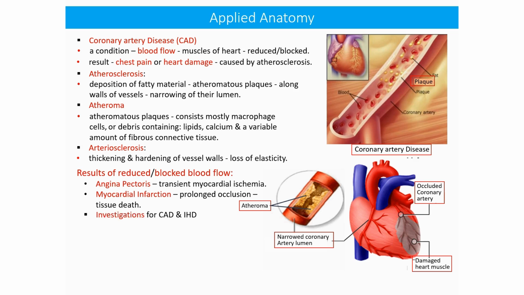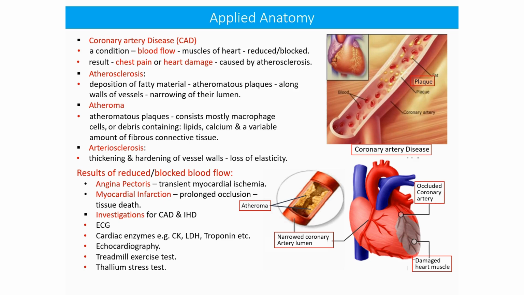The investigations for CAD or ischemic heart disease are: number one, electrocardiograph; number two, cardiac enzymes; number three, echocardiography; number four, treadmill exercise test; number five, thallium stress test; and finally the coronary angiography.